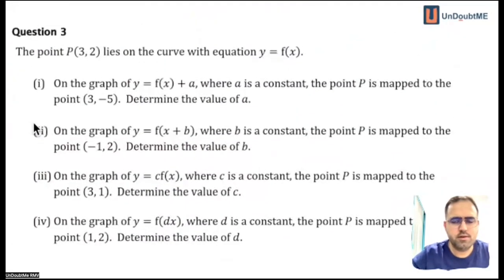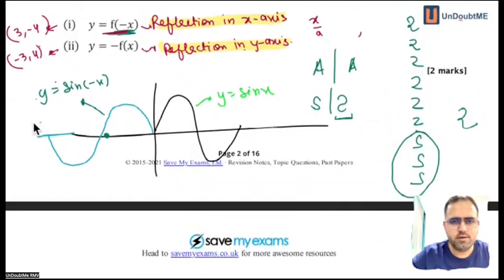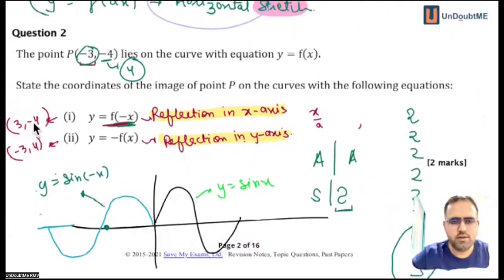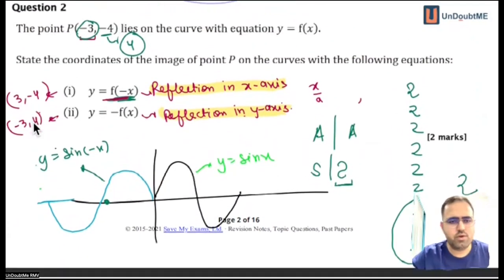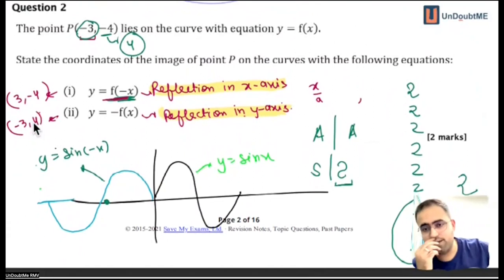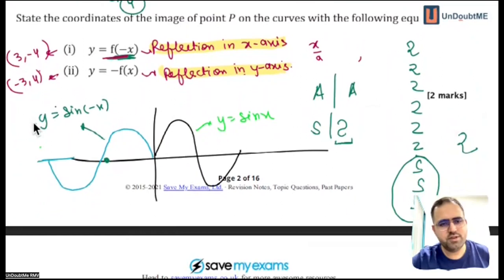So I'm confused. For the first one, wouldn't it be reflection in the y-axis? Okay, why? Reason? Because we're going from -3 to 3. Okay, I'll tell you the positions of the points, then maybe you'll understand.